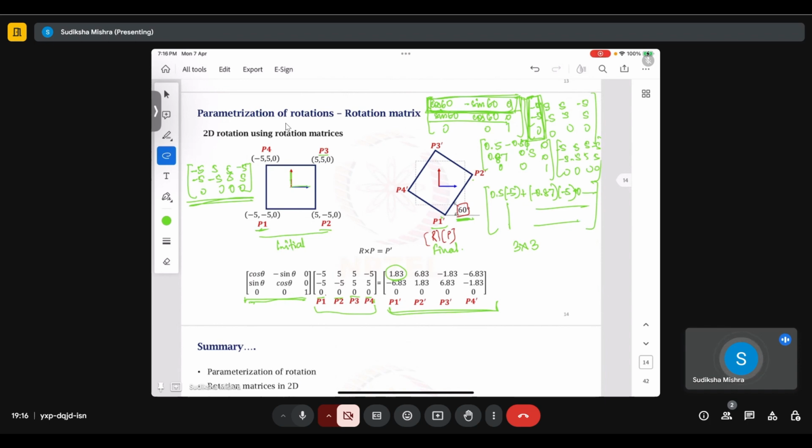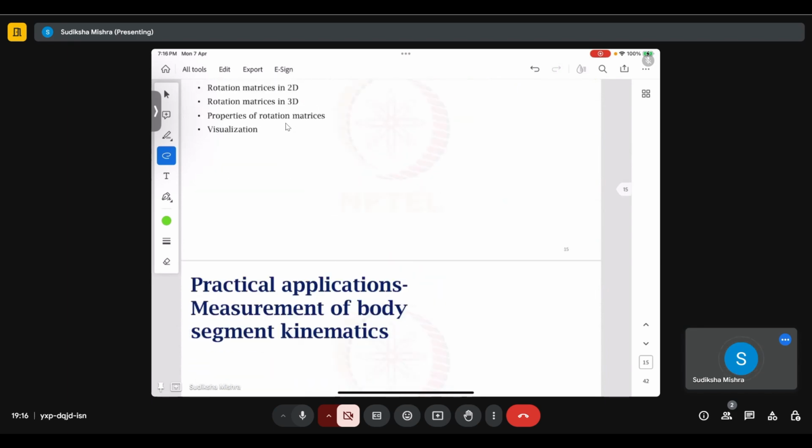We multiply one of the rows with one of the columns to get this term. Similarly, multiplying this with this gives this, whereas multiplying this with this gives 0. That's how you would compute it. You can use a calculator and compute the rotation, and therefore you get the final points P1 dash, P2 dash, P3 dash and P4 dash.